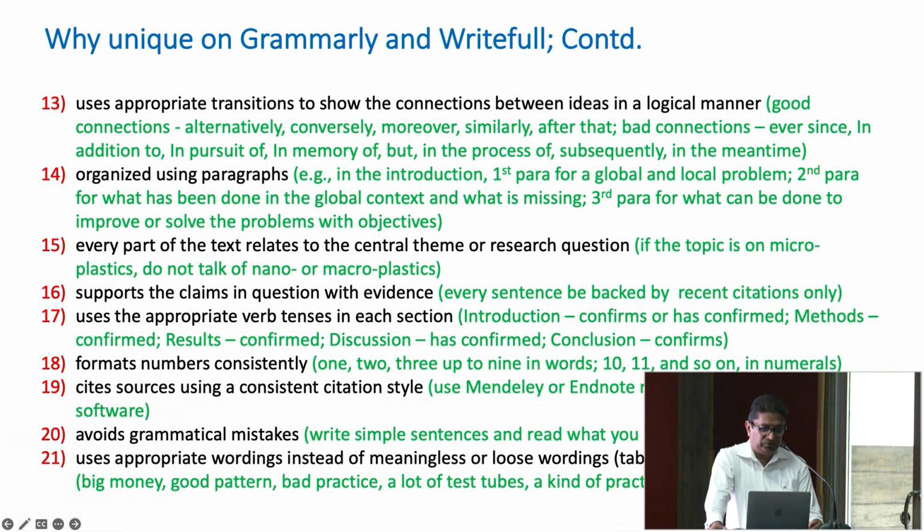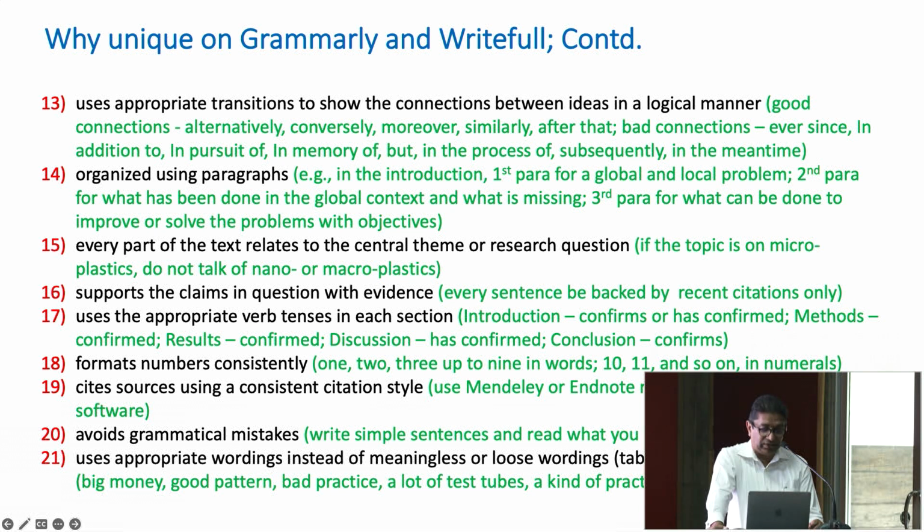Number 17, uses the appropriate verb tense in each section. This is where many of you make mistakes. Under the introduction, you always say "confirms." The word I have taken is "confirm": you look at "confirms" or "has confirmed." You can use present and present perfect. In methods, only past, "confirmed." When it comes to the results section, past, "confirmed."